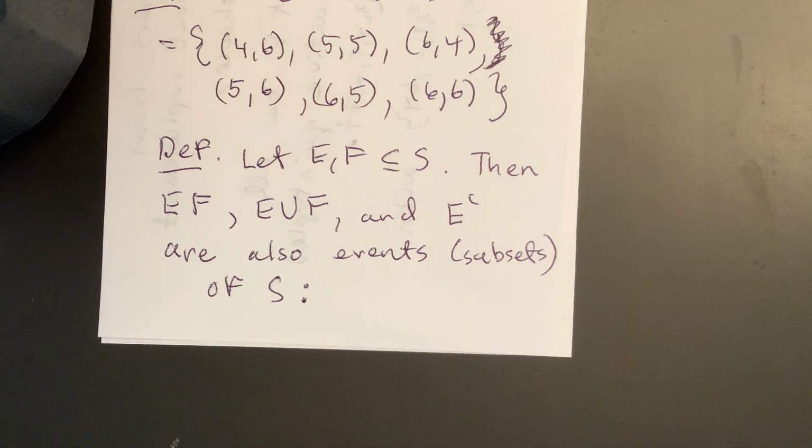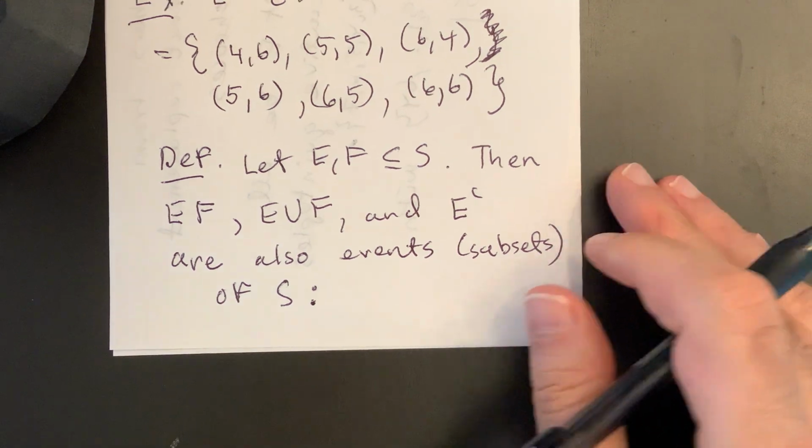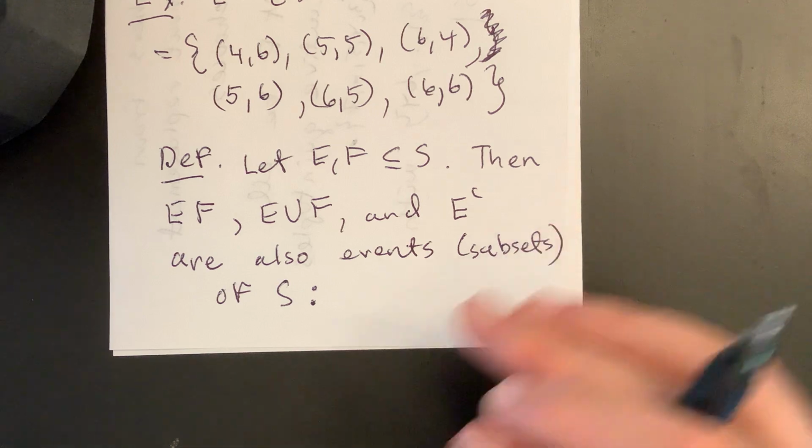So in other words, I can start with 2 events in S and then perform such operations on them. Or in the case of E^C, we'll start with 1 event and perform an operation on it.